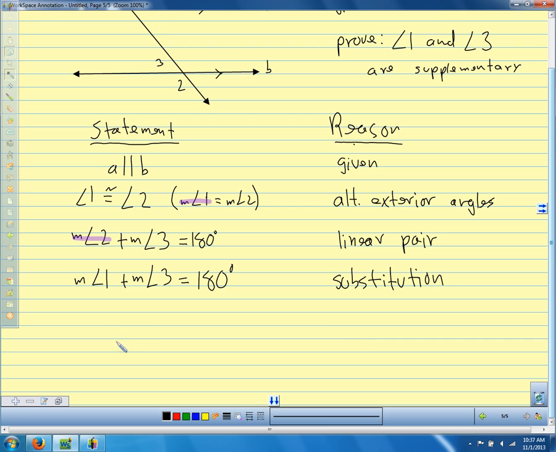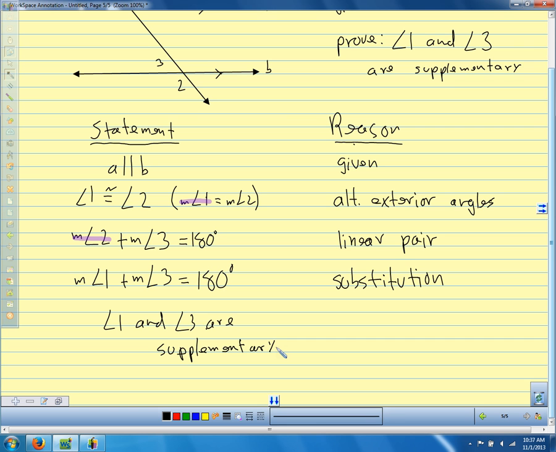And now we can say that angle 1 and angle 3 are supplementary. And what would be our reason there? What does supplementary mean?